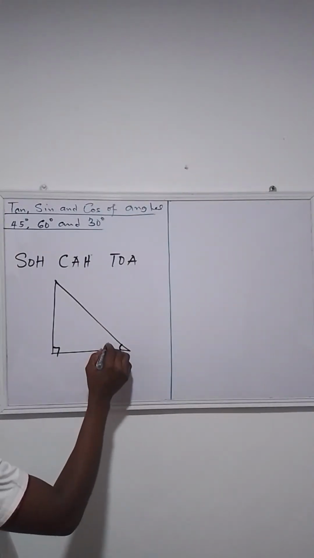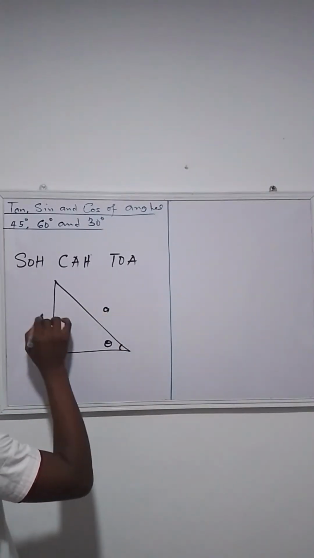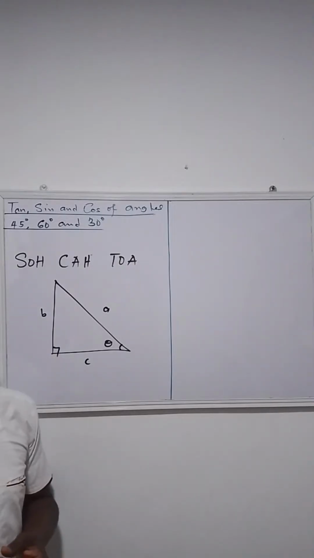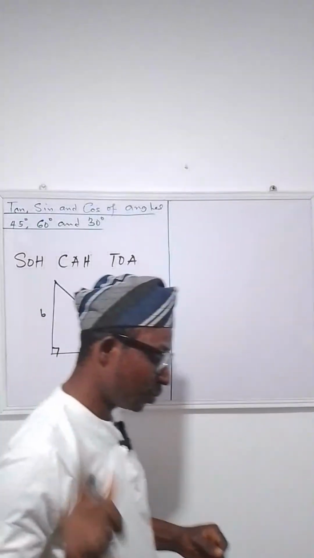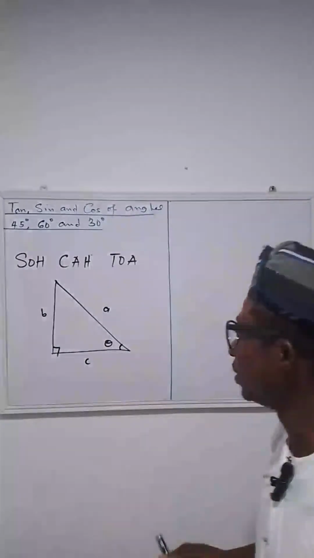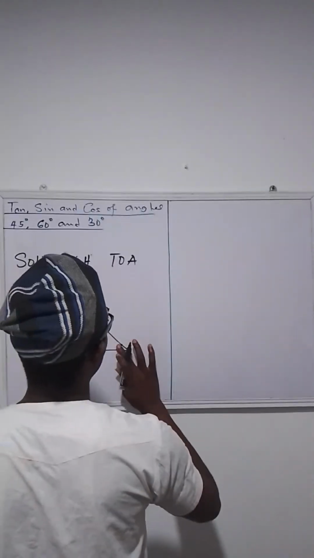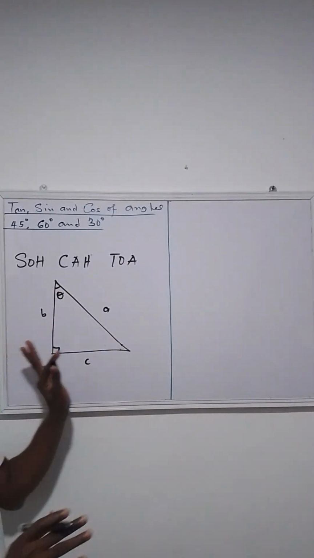If this is the reference angle, so I have A, B, and C. Let's quickly check whether we still remember what we did the last time. Can anyone in the class tell me what is A, what is B, and what is C? Let me redraw the diagram, it seems I made it very simple. Now look at the diagram.